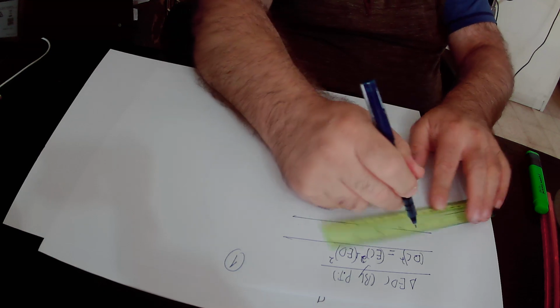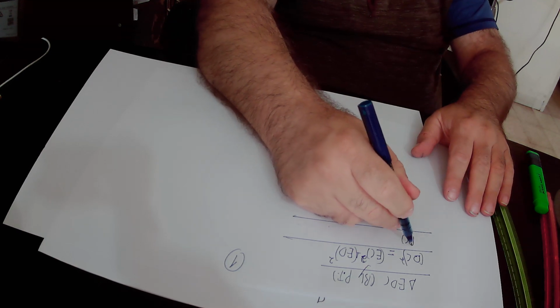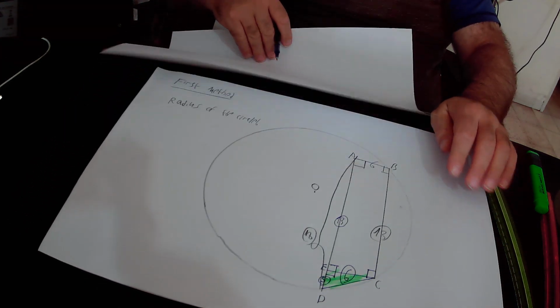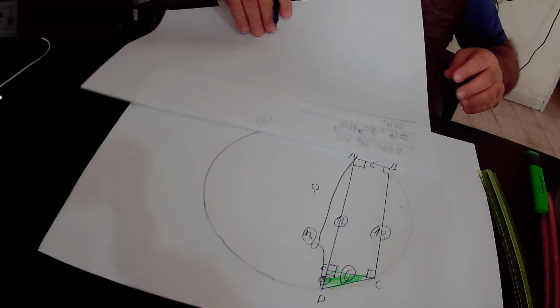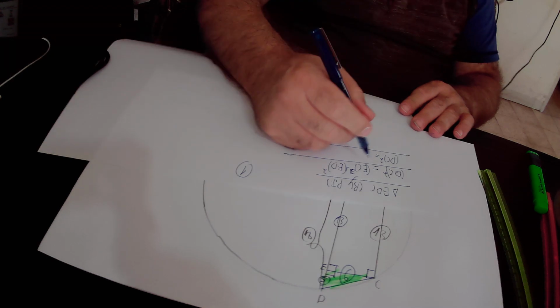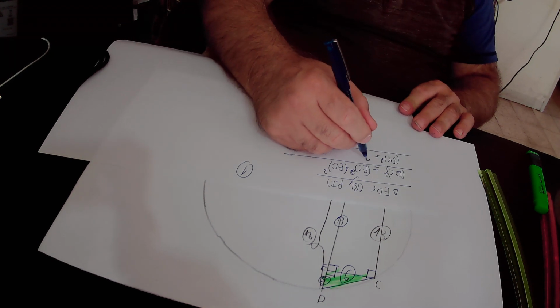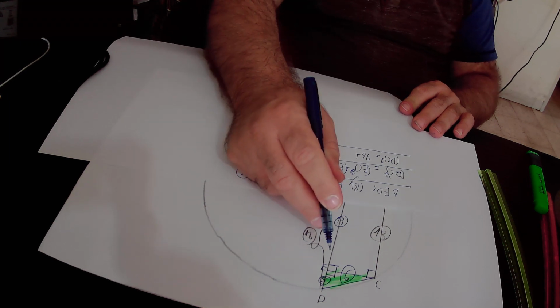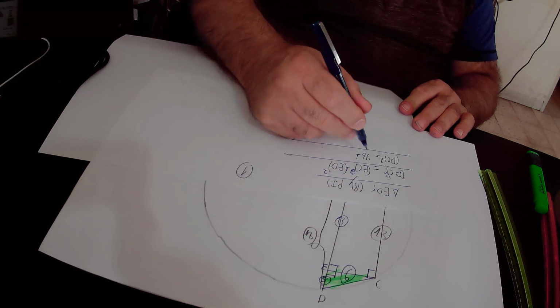So DC squared, that is the square of the hypotenuse, equals EC squared. EC equals 6 units, therefore EC squared equals 6 squared, that is 36, plus ED squared. ED equals 5, therefore ED squared equals 5 squared, that is 25.